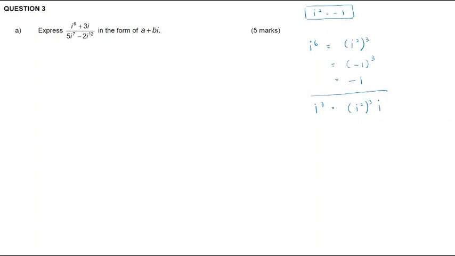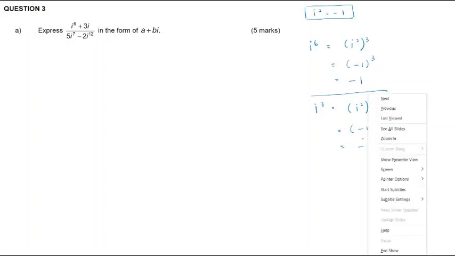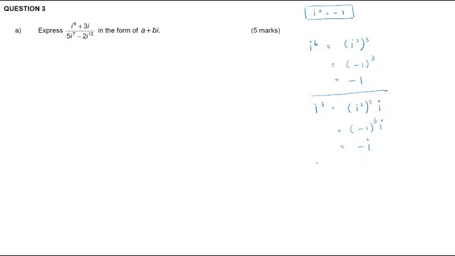So add one more i. 2 multiplied by 3 is 6, we already have 6 i's, then add one more i to get i power 7. Substitute i squared with negative 1. Negative 1 power 3 is negative 1. So negative 1 multiplied by i, we get negative i. So i power 7 is negative i.